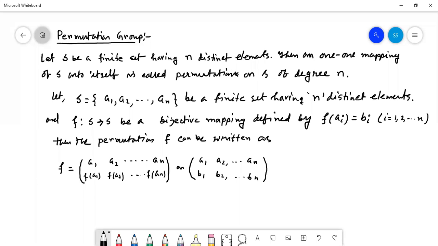If we take one numeric example, say S is equal to 1, 2, 3, 4, a finite set we are taking.